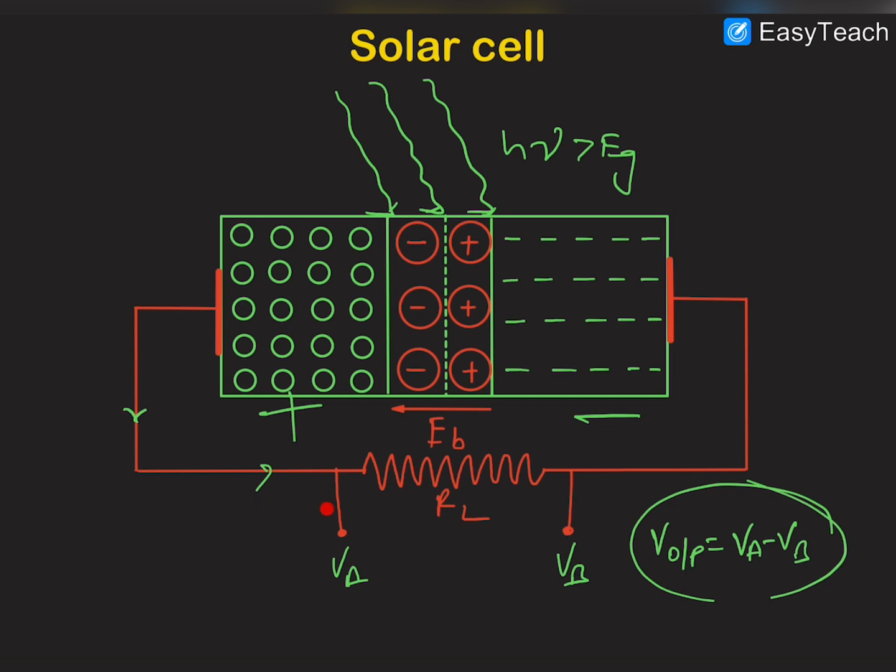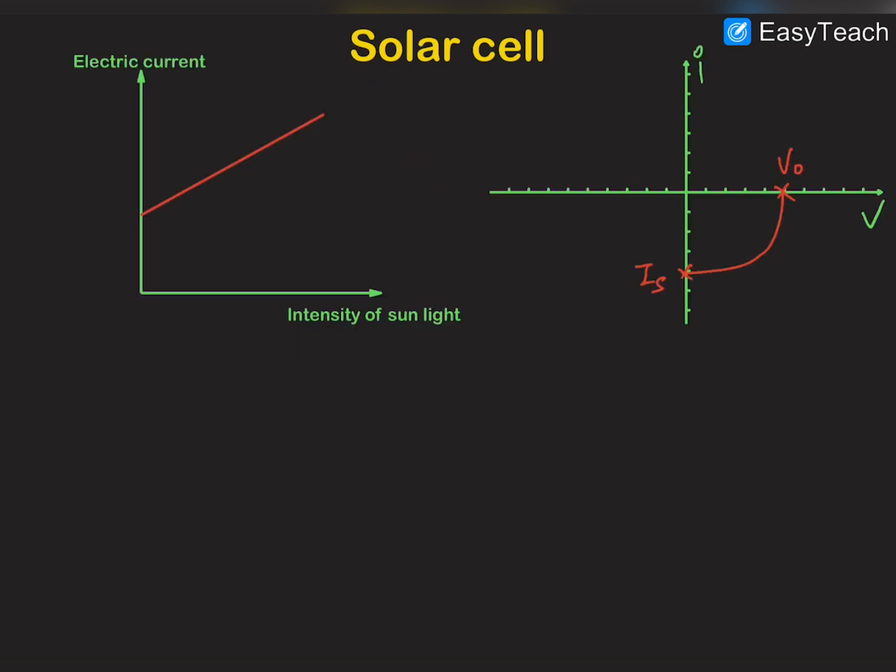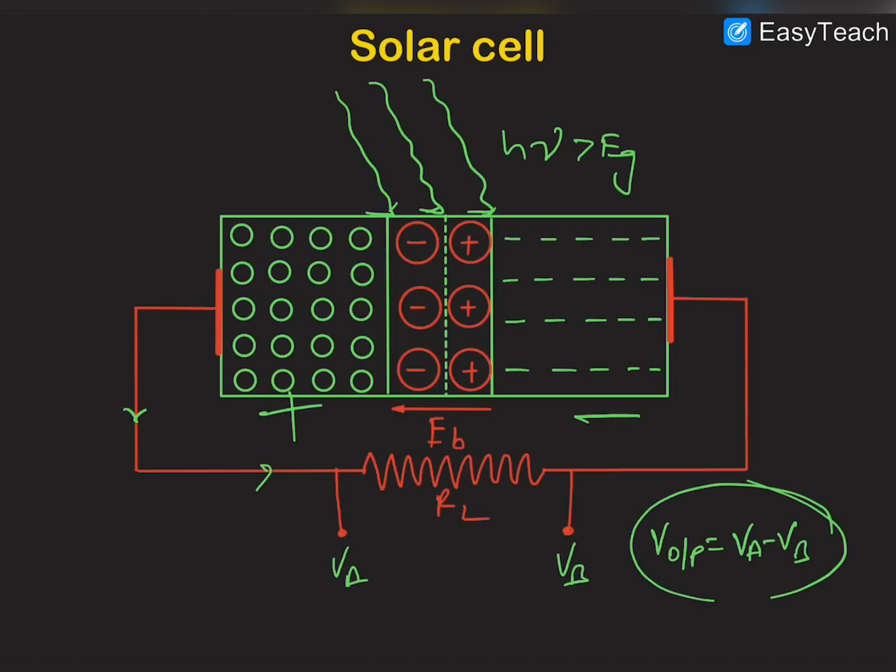Okay, so this is how we can create the current and the voltage across the load resistance by using a solar cell. Now, the graph which is plotted between the electric current flowing through the solar cell and the intensity of sunlight is a linear graph, starting from the y-axis, due to the fact that in the absence of sunlight, there is some current flowing in the diode, because there is already some polarity across this diode, which when we connect to the load resistance will result in a current flow.